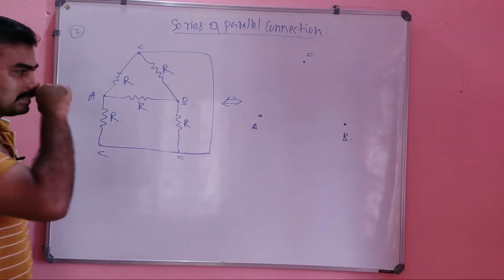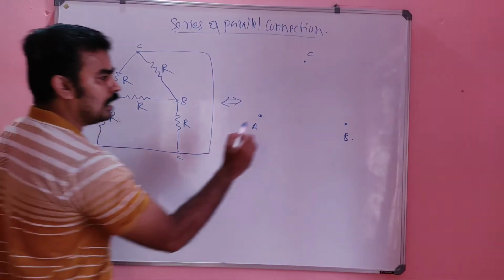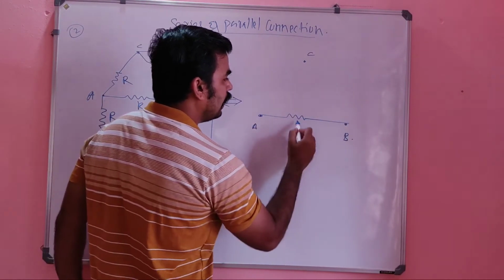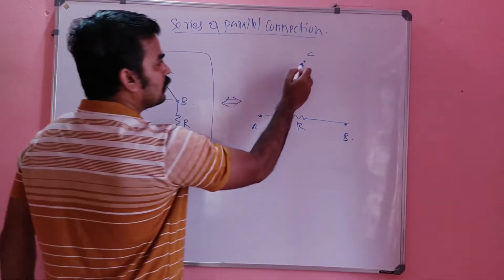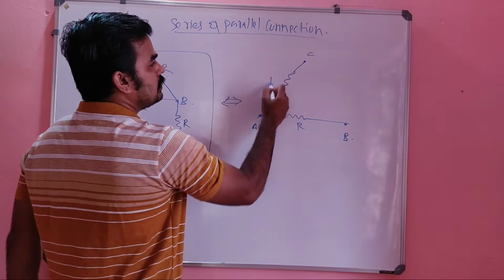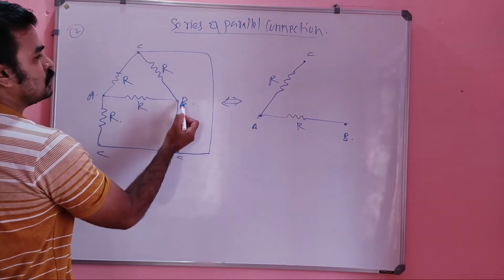Let's mark the resistance. What is the resistance between A and B? It is R. It is given already. What is the resistance between A and C? It is again R. What is the resistance between B and C?